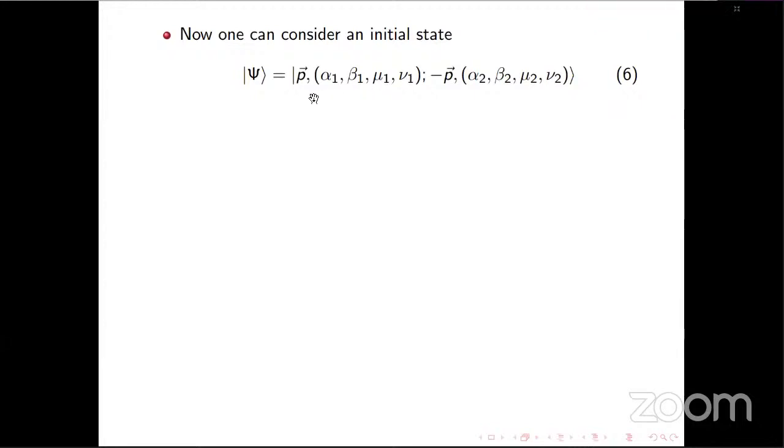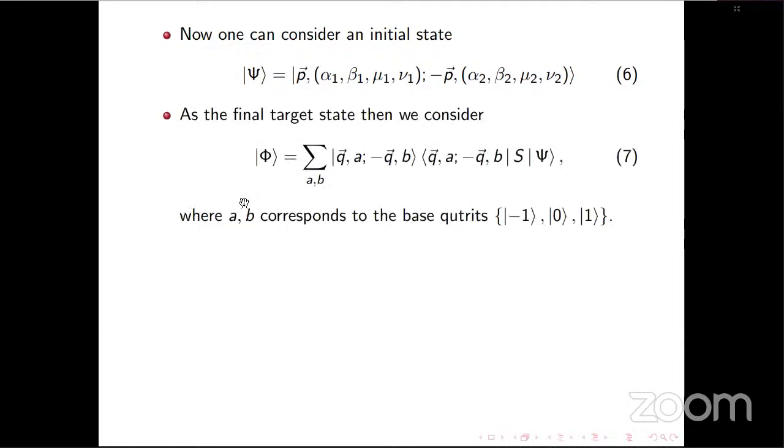By construction, we have taken the state in the center of mass frame, so that the two momenta are in opposite directions. You can choose them to be in the z direction or whatever, but each with its own alpha, beta, mu, nu parameters.